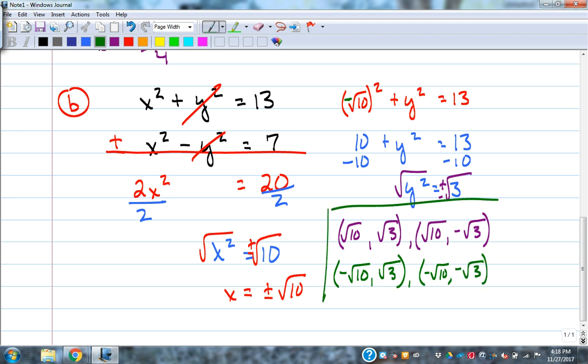So I get 4 solutions out of that. Reason I would get 4 there is I have 2 circles that are intersecting one another, is what those equations are. They're equations of circles. So they could intersect at 4 different places there.